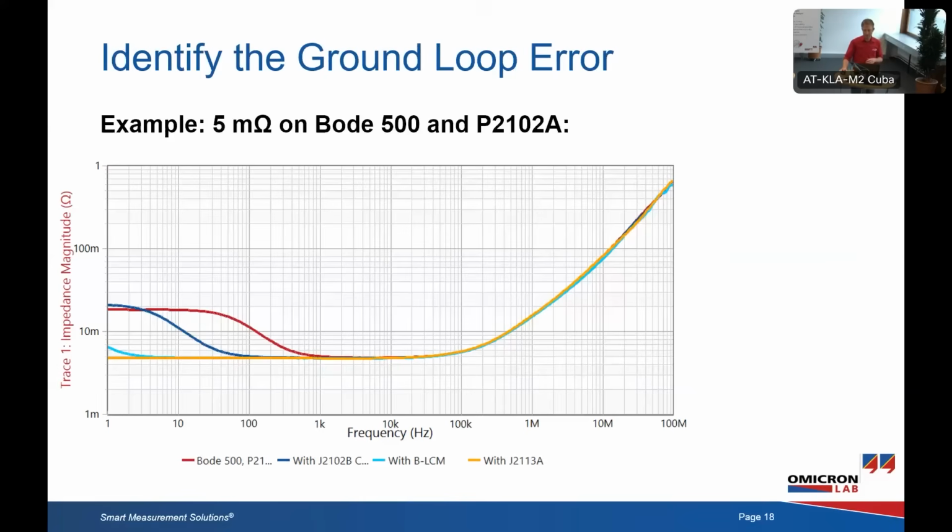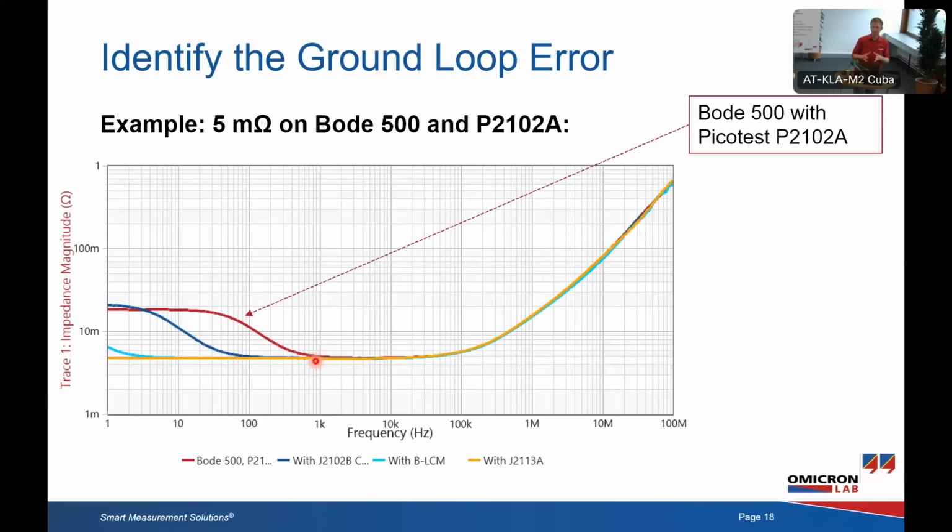So here you can see that above 1 kilohertz, everything looks pretty much the same, but below 1 kilohertz, things start to differ. And the least common mode reduction or least ground loop reduction comes from the Bode 500 with the probe without any extra effort. And you can see that below 1 kilohertz, the error starts to become significant.